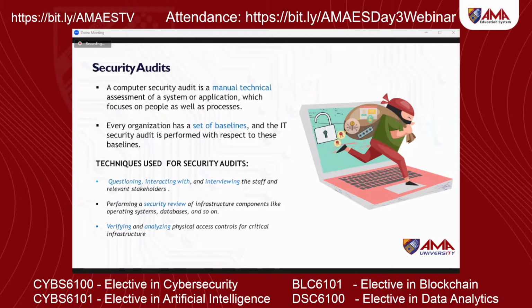So dun sa one is people, dito naman is mga equipments and devices such as company's assets in terms of technicalities, operating system, and databases. And then last one is the verifying and analyzing physical access controls for critical infrastructure.